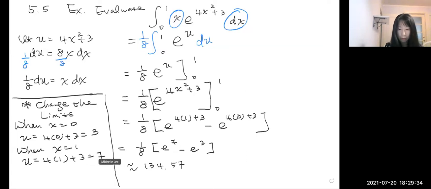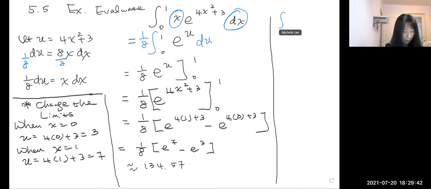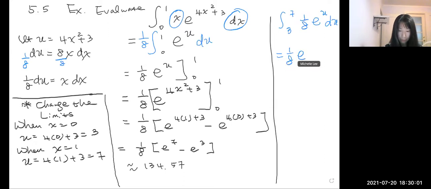Okay, now we have from 3 to 7, and then we have 1/8 e to the u du, then 1/8 e to the u from 3 to 7, right? 1/8 e to the 7 minus e to the 3.